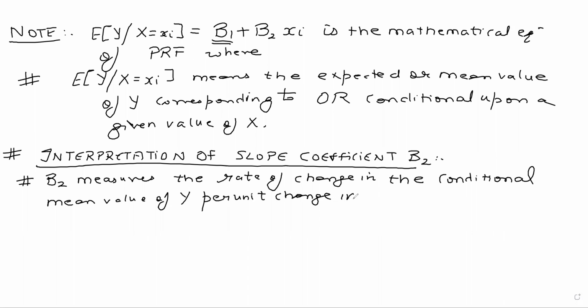If I talk about the slope coefficient B2, it measures the rate of change in the conditional mean value of y. Why conditional? Because it is conditional on a given value of x. So conditional mean value of y per unit change in x is captured by capital B2.